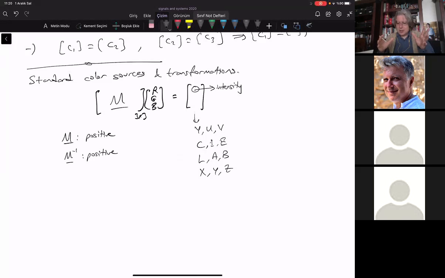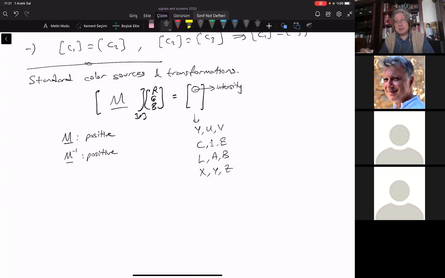To convert YUV, CIE, LAB, etc. into RGB, again, it's an M inverse multiplication, and that inversion is expected to be performed using circuitry. If it is digital television, negatives are perfectly fine. But if it is electronics, analog, then these matrices, their inverses and themselves, should better be with positive values for an accurate reproduction.